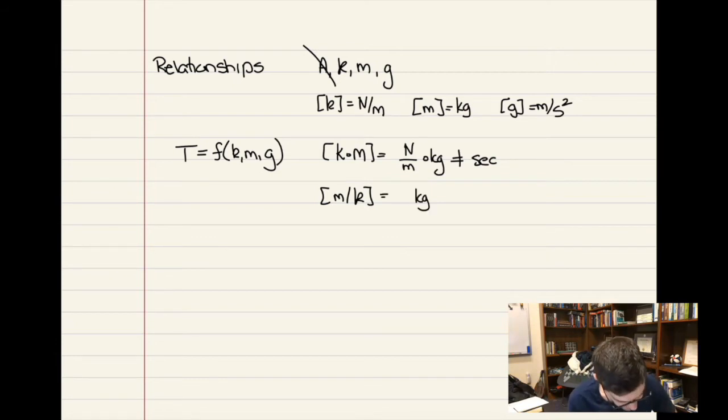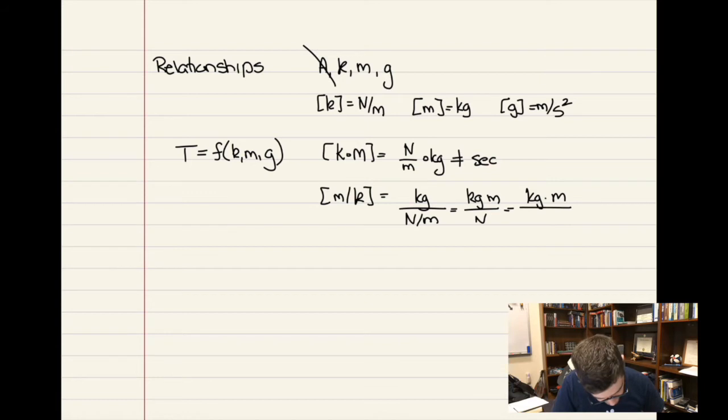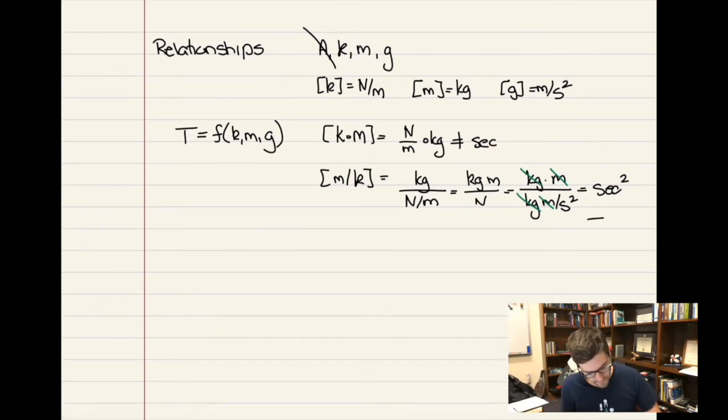So if I look at the units, this is kilograms divided by newton per meter, or kilogram meter per newton. Newton is itself kilogram meter per second squared. Indeed, the kilograms cancel, the meters cancel, and what you're left with has units of seconds squared, which is not units of seconds, but it's really close.